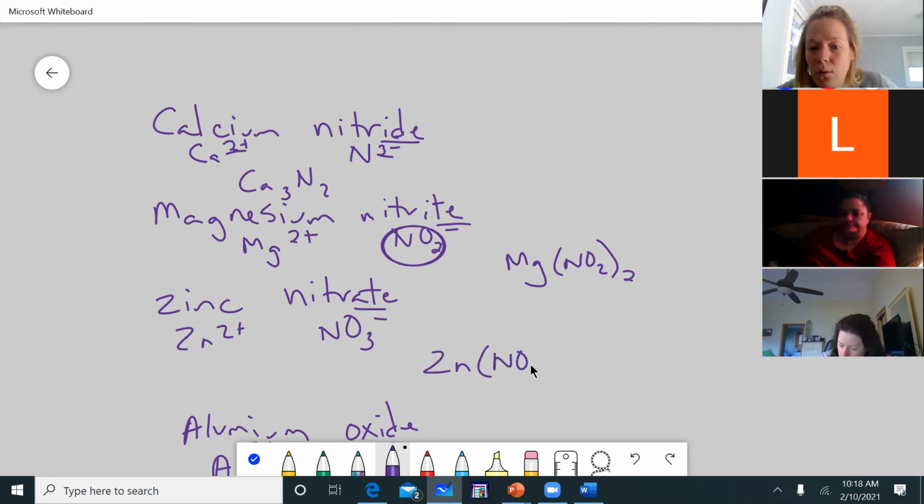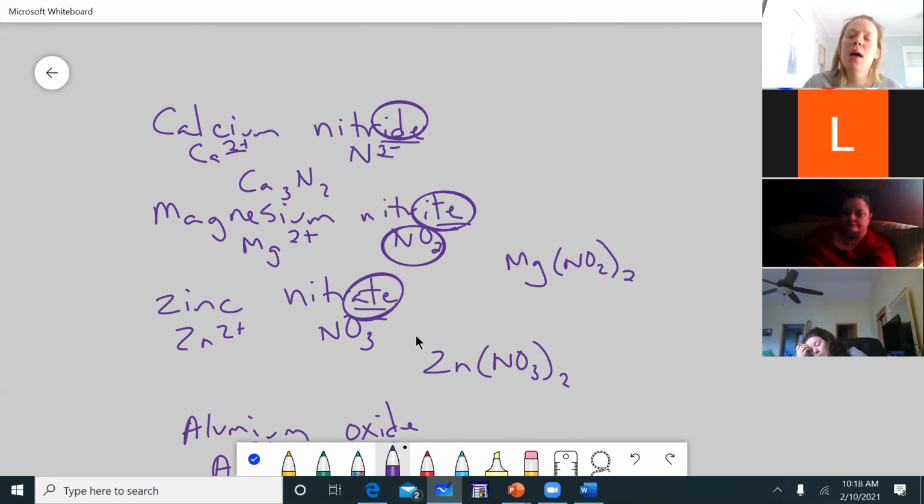So NO3 with a 2 on the outside. So these little details, right? This IDE, ITE, ATE, it makes a huge difference. The formula totally changes. So just always be asking yourself, is this a metal? Does it have a predictable charge? Is there a polyatomic ion anywhere in here?